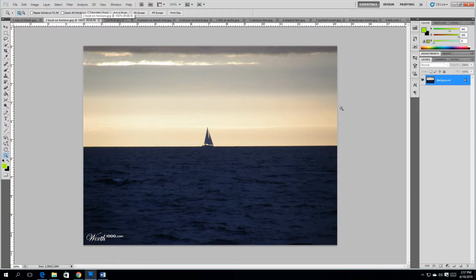First of all, here's a picture of a boat on the horizon, and you might be looking at this thinking, wait, does that follow the rule of thirds? And you'd be correct to think that it does not. So, if we look at this photo, it doesn't make it a bad photo that it doesn't follow the rule of thirds, but it makes it feel very still, very calm.